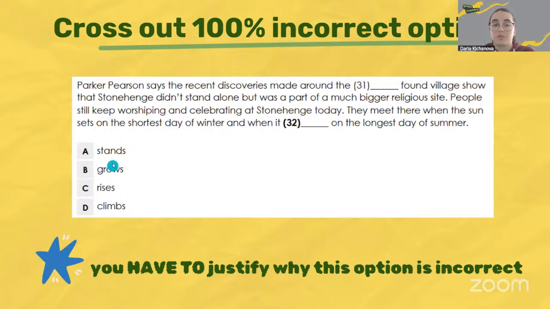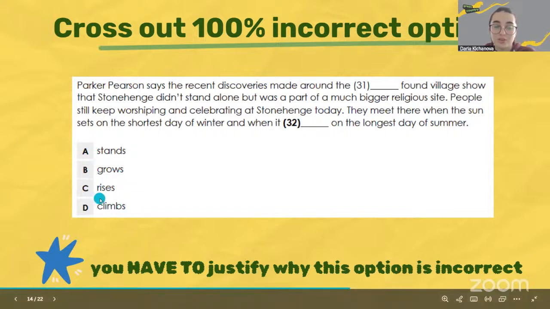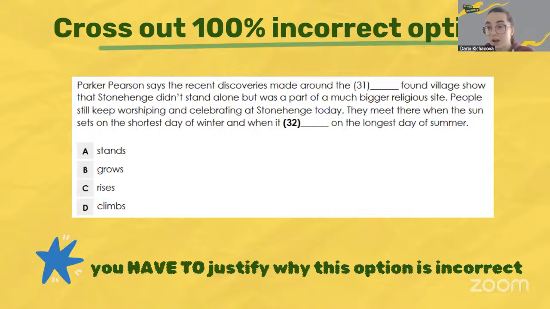No, you need to understand, for example, when we have the sentence about the sun, we have stands, grows, rises, and climbs. What two options can we cross? We can cross, for example, grow, and we can cross climb, because the sun can't do it literally, yeah? When we talk about grow, it means that it gets bigger.